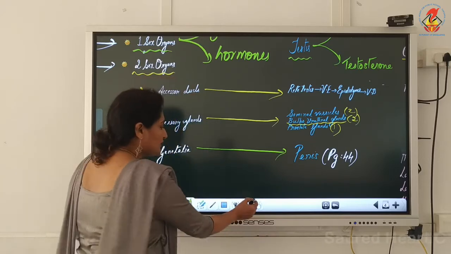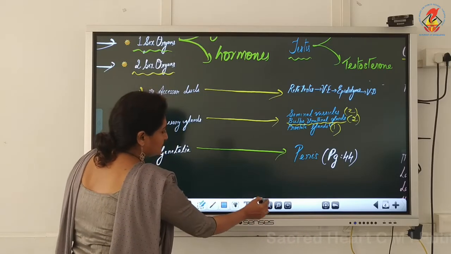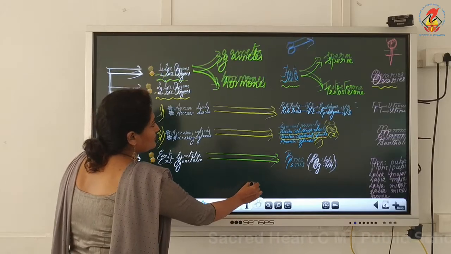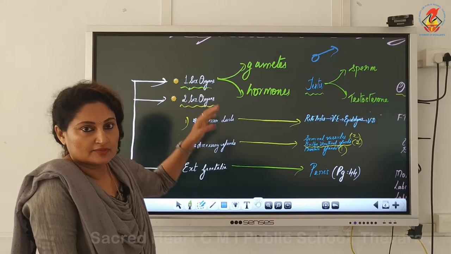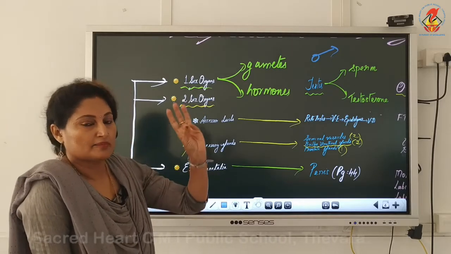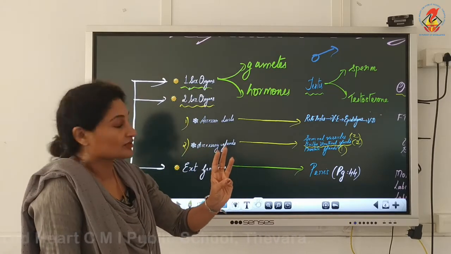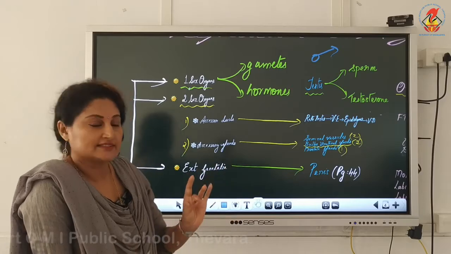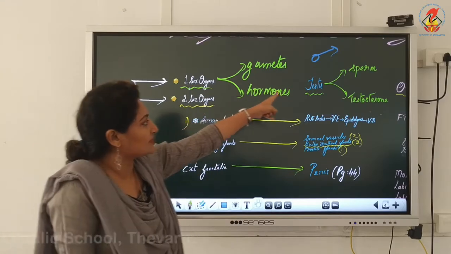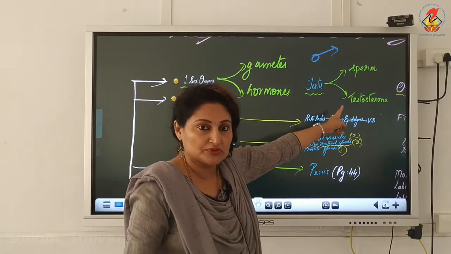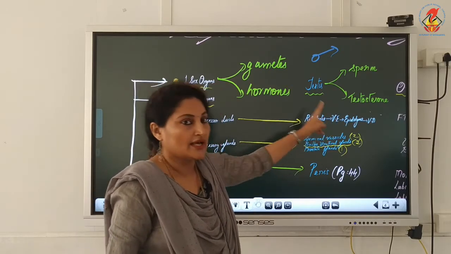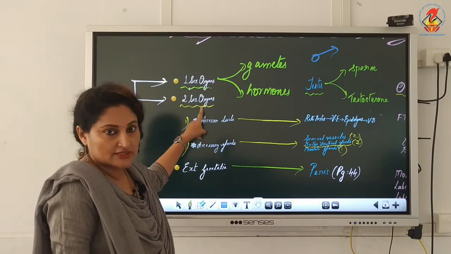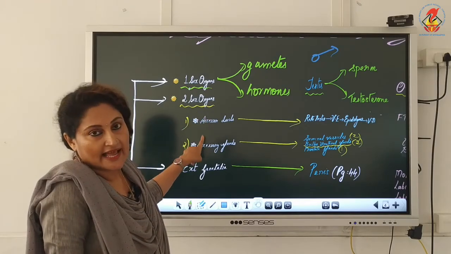So, once again, the male reproductive system. As I told you, generally the reproductive system comprises primary sex organs, secondary sex organs and external genitalia. The primary sex organ in males is the testis because it produces the gamete, sperms, and the hormone testosterone. Then the secondary sex organs involve accessory ducts and accessory glands.